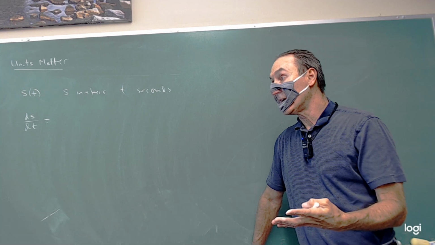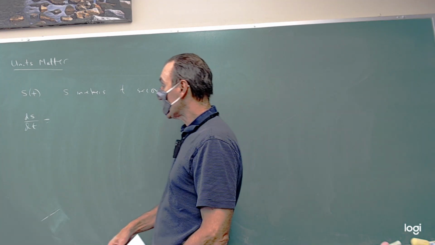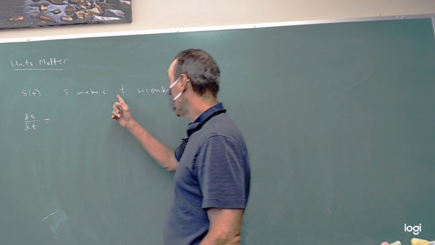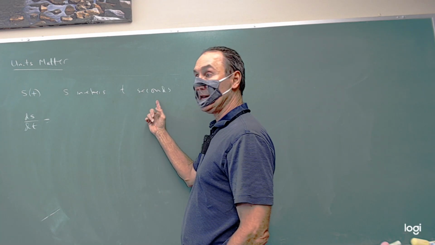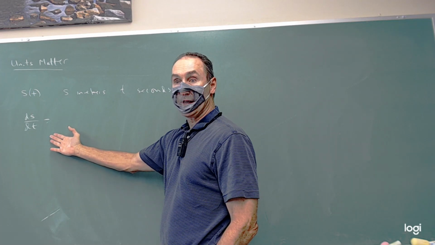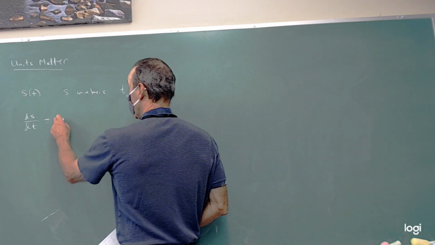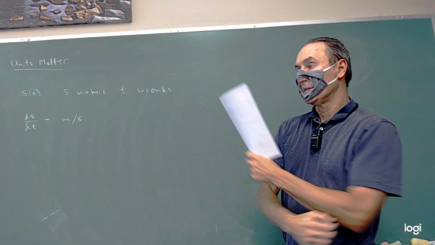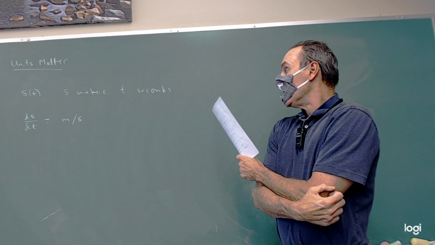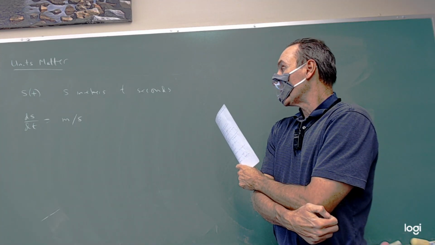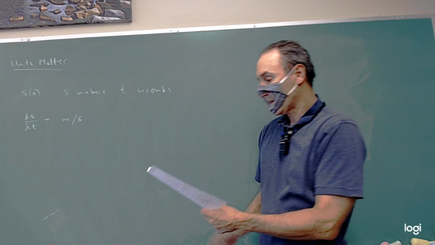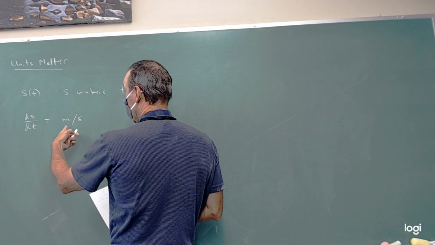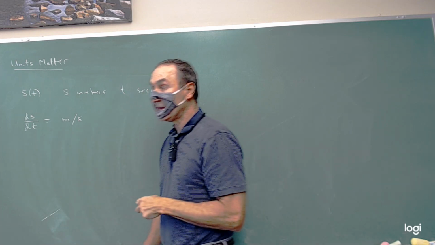You can see it's going to be a change in s over a change in t. And since s is in meters and t is in seconds, the units on this are going to be meters per second. Does that make sense? Okay, which is a velocity measurement.